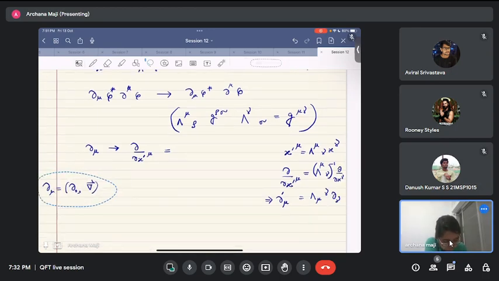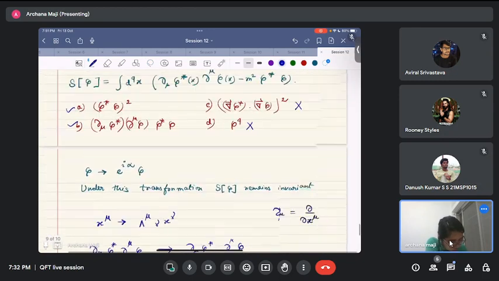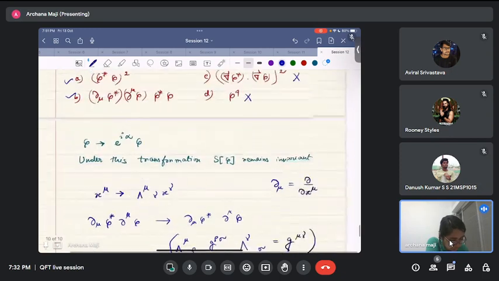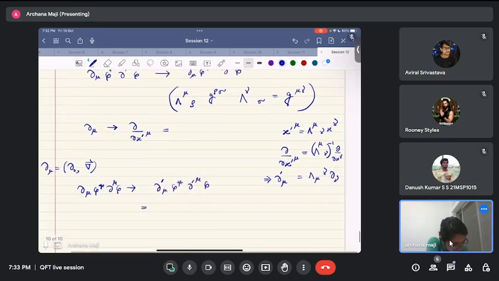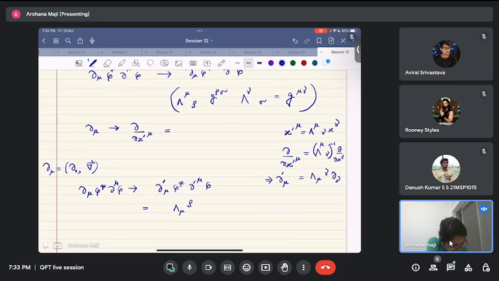So a term like that, you have a similar term, but del mu will be replaced by that grad. So this term phi star del mu phi under Lorentz transformation will become phi star prime del prime mu phi prime, and this is equal to lambda mu rho del rho phi star, then lambda mu sigma del sigma phi.